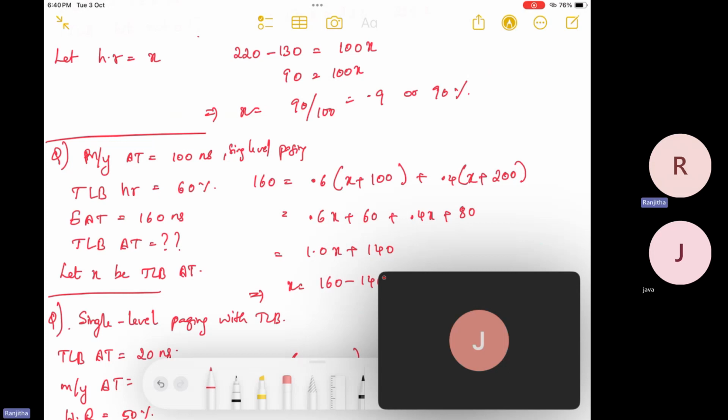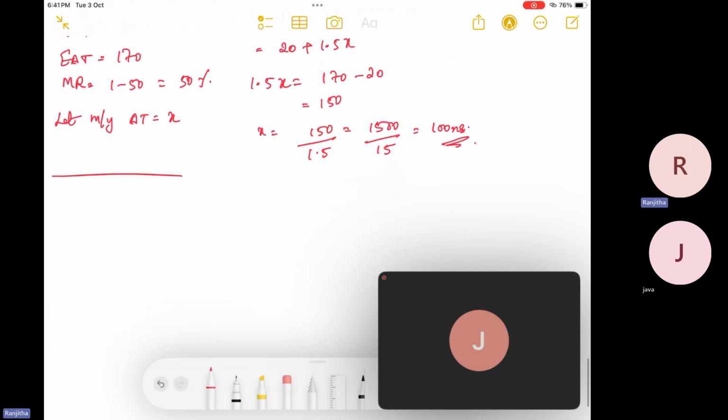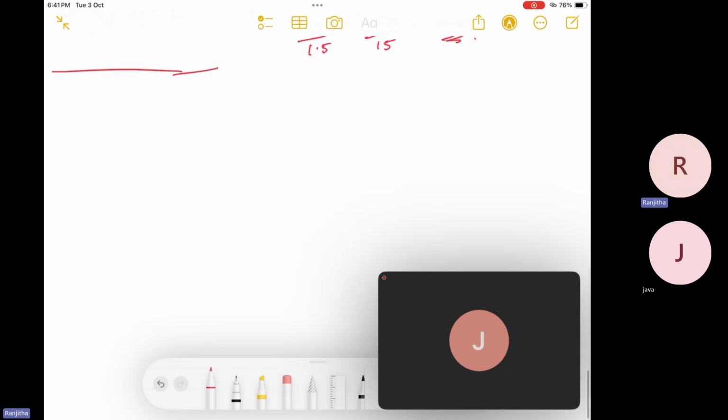So after TLB, the next topic discussed was hierarchical page tables. Till now we have only seen page tables, and we assumed that these page tables are in the memory, and then we refer to it and get the physical memory location.